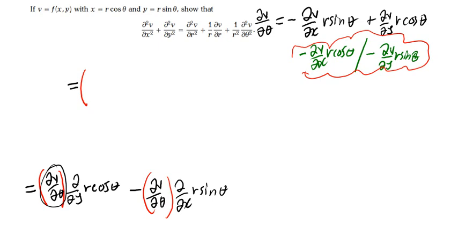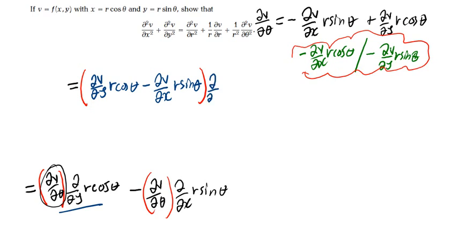That's going to be partial of v with respect to y. Then you have your r cos theta, minus partial of v with respect to x, that's r sine theta, multiplied by what you have here, which is your partial of y.